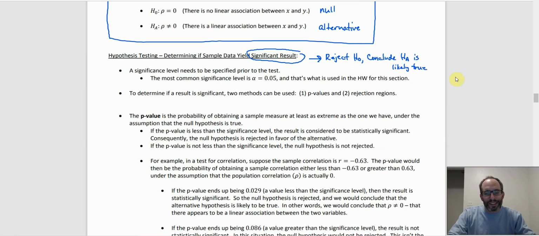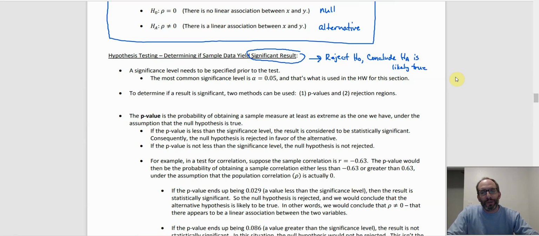So in a way, that's the thing that you want, right? Because if it looks like there's a linear association, then you can say, yes, now we can have a linear model and we can use it for predicting things, right?